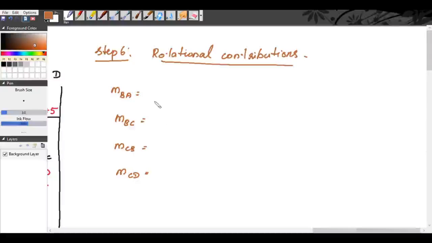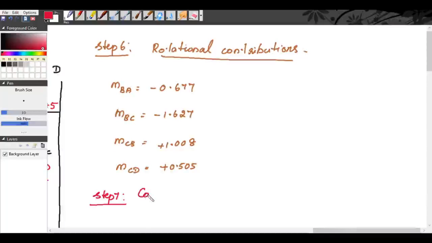So MBA is minus 0.677, MBC is minus 1.627, MCB is plus 1.008 and MCD is plus 0.505. Now we will determine our last step, that is computation of final moments at the joints. That is our step 7.